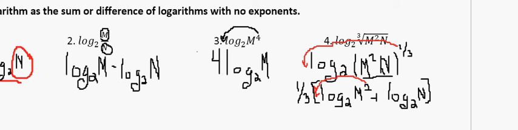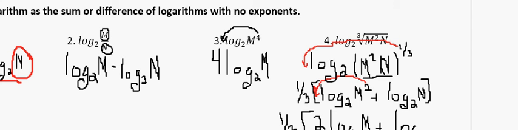So let's go ahead and rewrite our problem, and we'll be at our final expansion here. We have 1/3 square bracket. You could have used round brackets. I just think square brackets are neater. 2 log base 2 of m plus log base 2 of n.